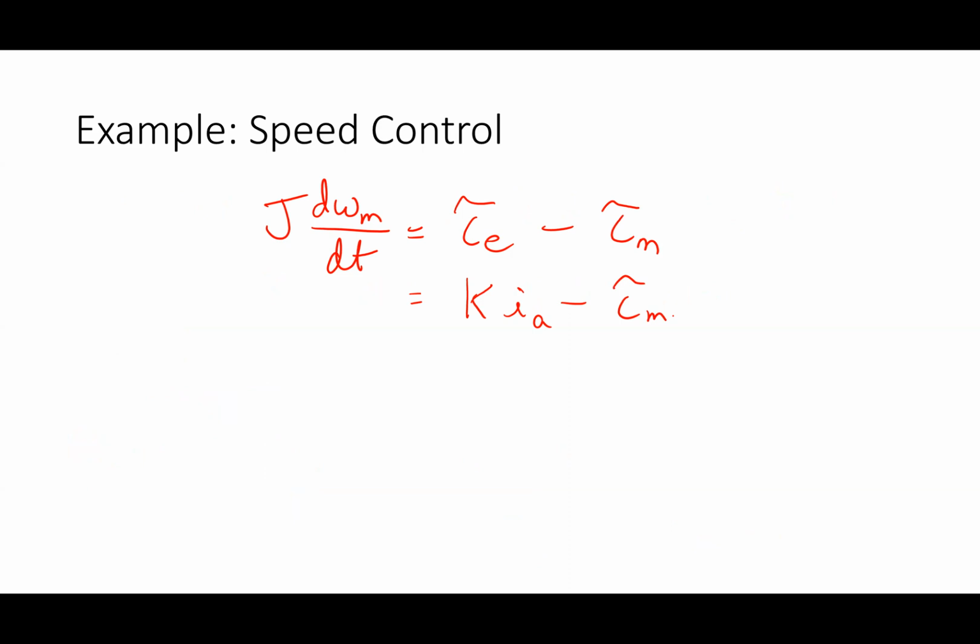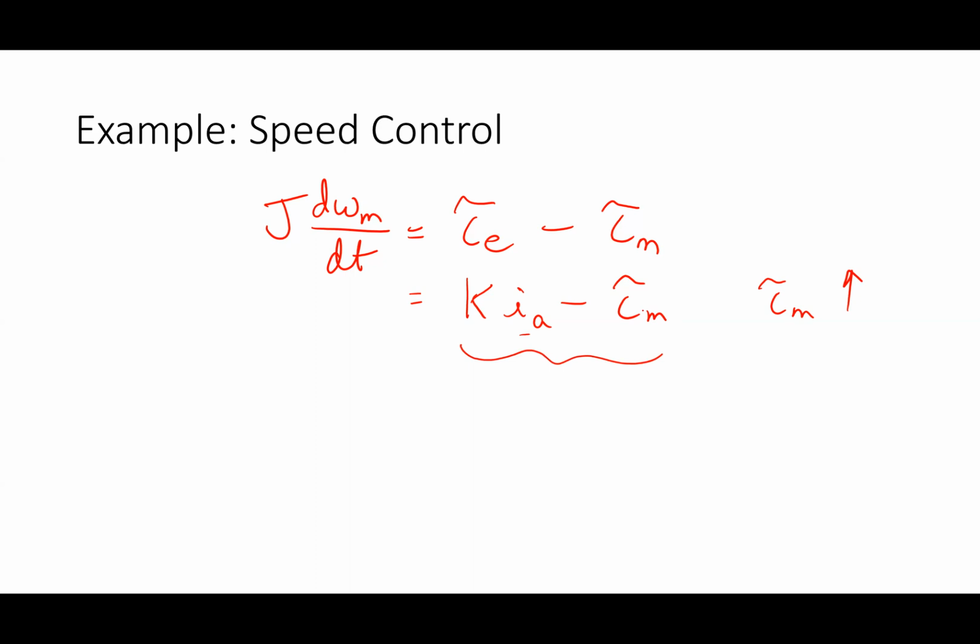If I'm operating and I start to go uphill, that's going to make TM go up. Now what's going to happen if TM increases? Initially the current is set at some value, and let's say TM goes up.